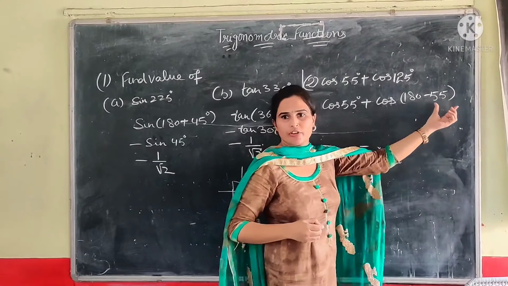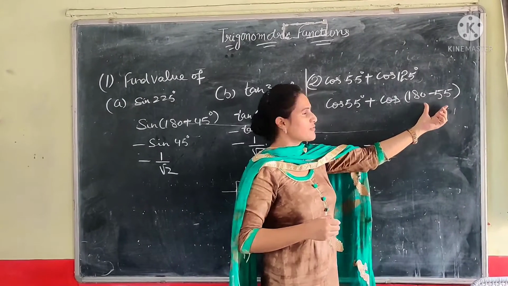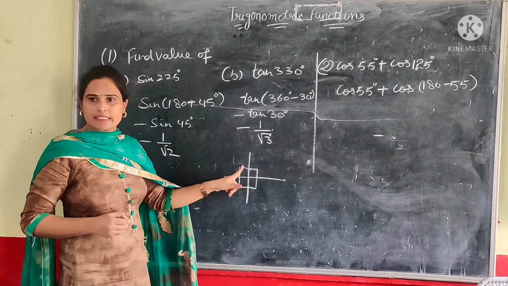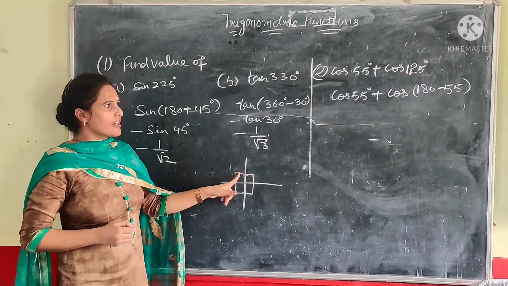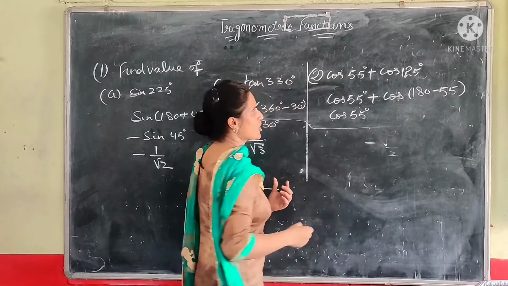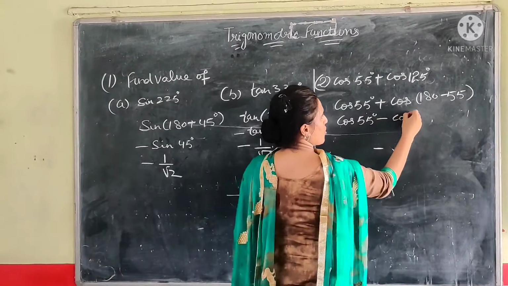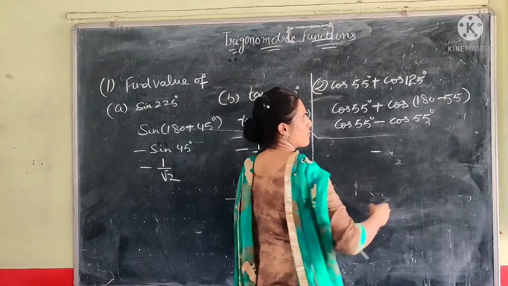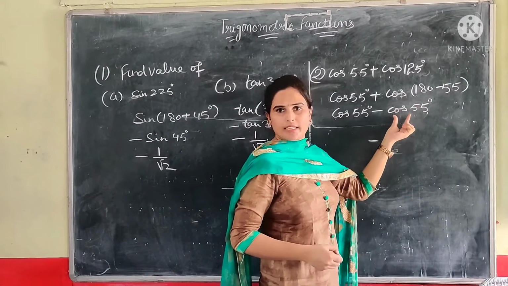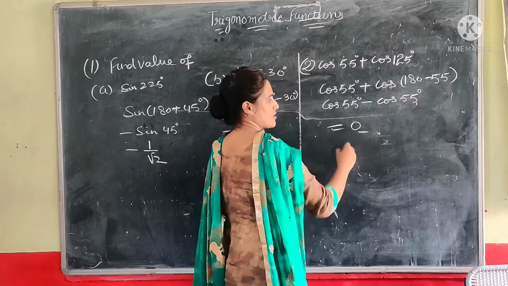Now 180 minus 55 lies in which quadrant? 180 minus 55 is 125. 180 minus theta, that is the second quadrant, and in the second quadrant cos is negative, so minus of cos 55 degrees, because for 180 allied angles are not changed, so cos remains cos. Cos 55 minus cos 55, that is equal to 0.